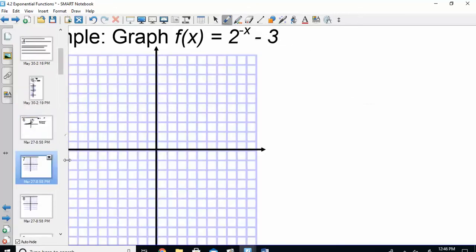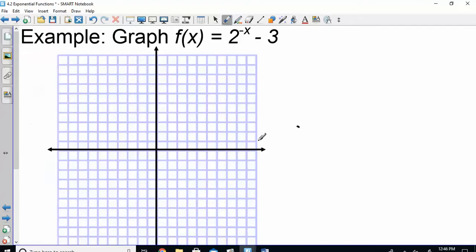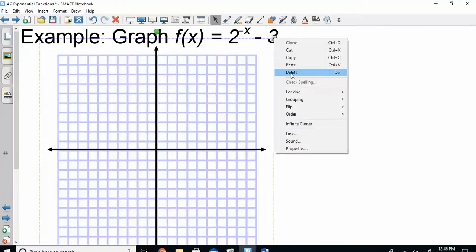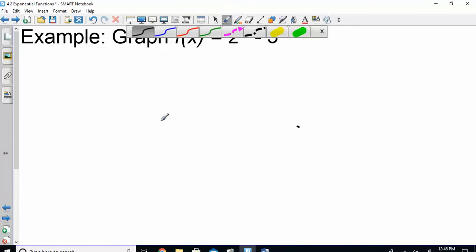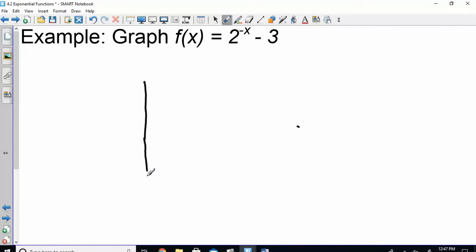Let's do one that has a couple transformations. So 2 to the negative x minus 3.